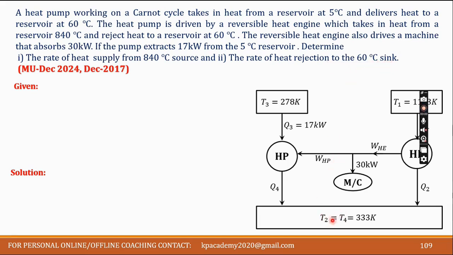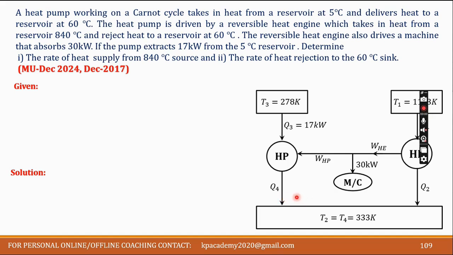So how much total heat is rejected to this sink by the heat pump and by the heat engine. The heat engine delivers Q2 amount of heat to the sink and the heat pump delivers Q4 amount of heat to the sink. So total Q4 plus Q2, that is the total heat rejected to the sink. That we have to find out.